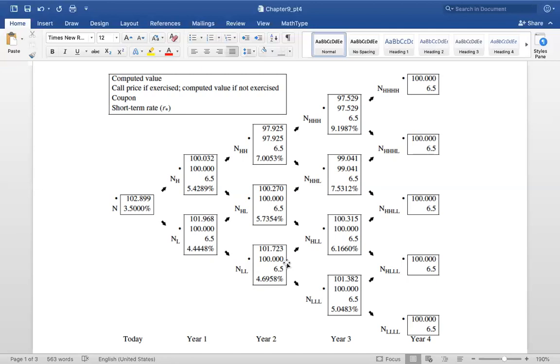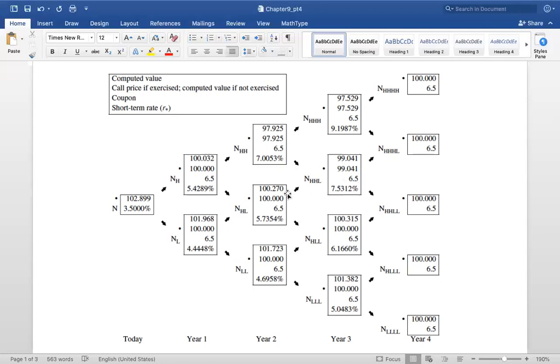For simplicity, let's assume that the issuer calls the issue if the price exceeds the call price. So if this price is more than the call price, then the issuer can call the bond. Let's focus first on the upper portion, where the bond cannot be called.